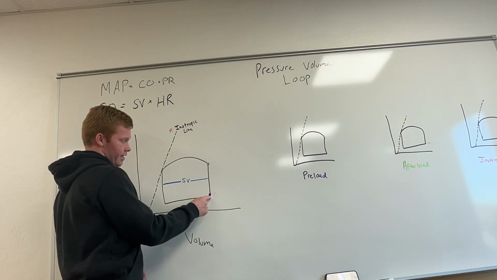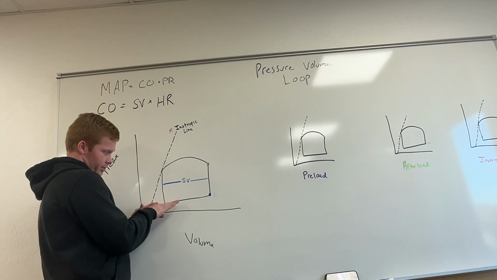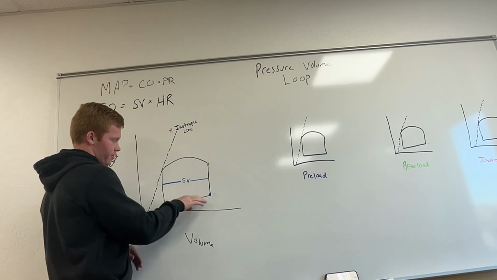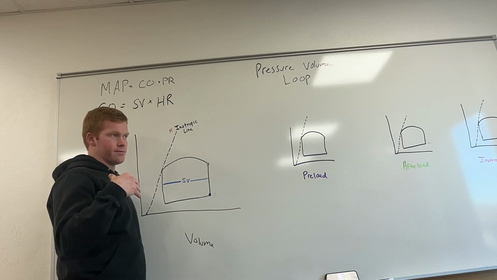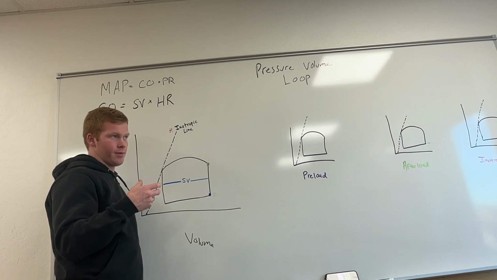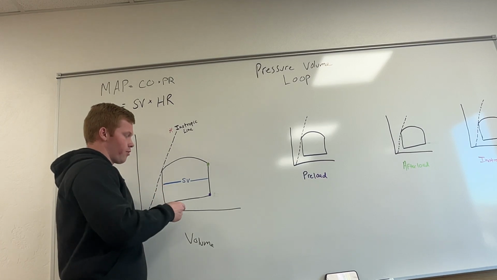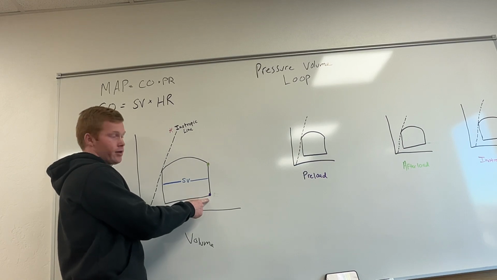I didn't draw it super well, but there's a slight increase in pressure as it fills. But as pressure increases, the ventricle pressure finally becomes more than the atrium, and so that bicuspid valve is going to close.